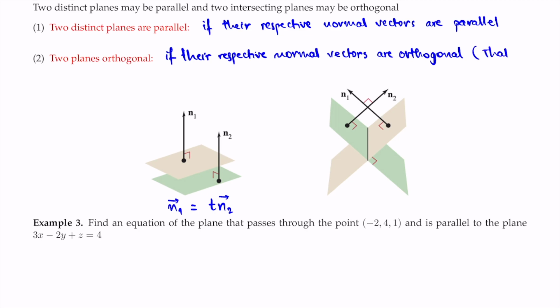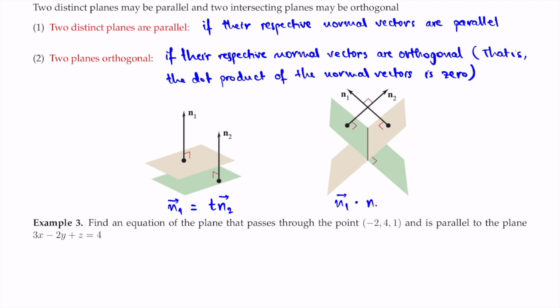So the dot product of the two normal vectors is 0. In this case, you have two planes, one in brown and one in green, with two normal vectors, n1 and n2. These two planes are orthogonal to one another, so n1 dot n2 is going to be equal to 0.